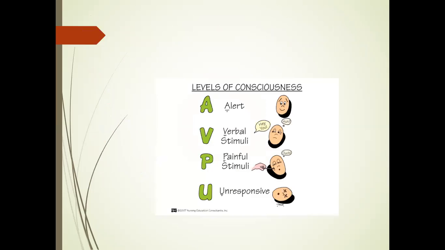In this picture, you can see the level of consciousness, and consciousness is going down as it goes down in this picture. Firstly alert, second is verbal stimulus, third is pain stimuli, and lastly unresponsiveness.